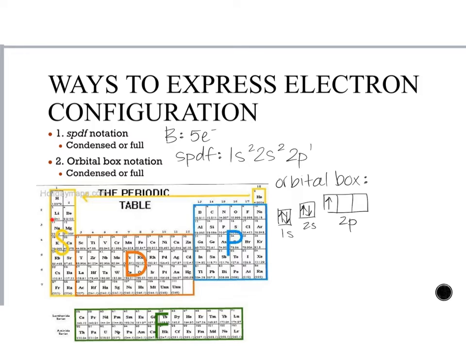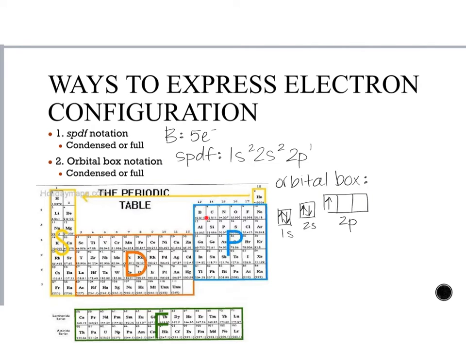And notice there's only a total of 2 boxes, which means 2 electrons, which also means there's only 1 orbital for that sublevel. Then we move on to 2p. Okay, 2p is right here. Now I want you to notice something, the number of boxes in the 2p sublevel, 1, 2, 3, 4, 5, 6. So there can be 6 electrons in the 2p sublevel total.